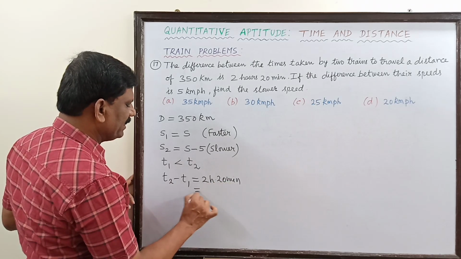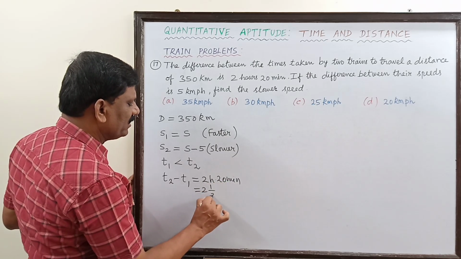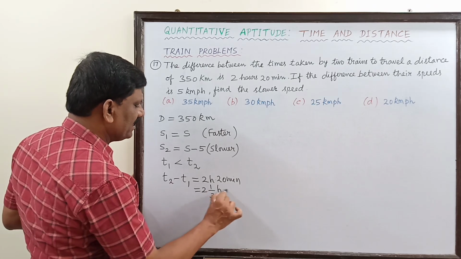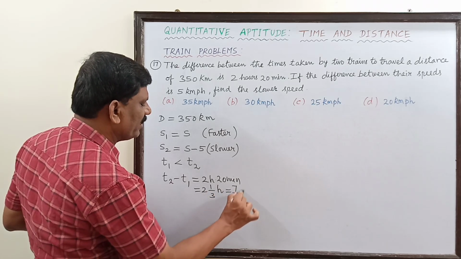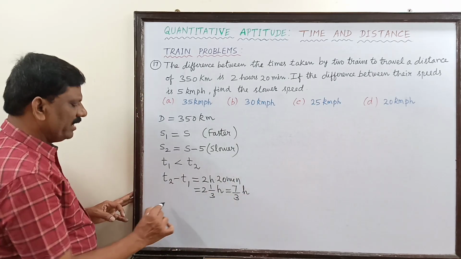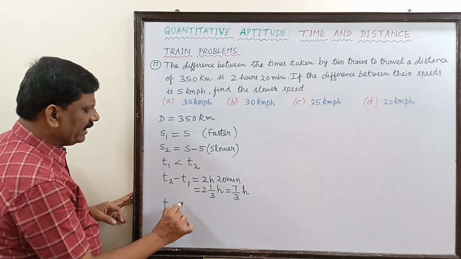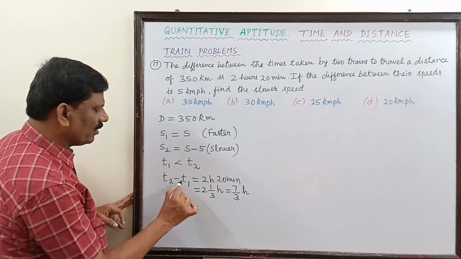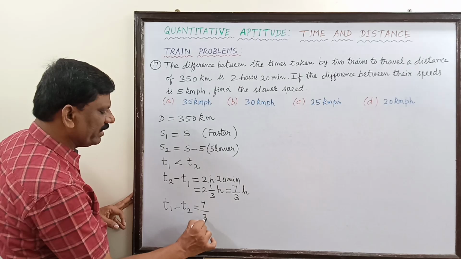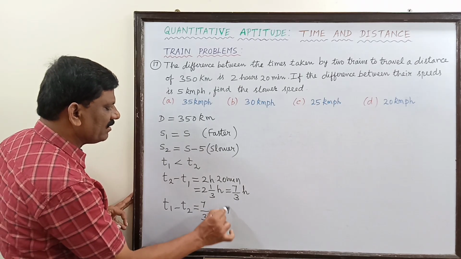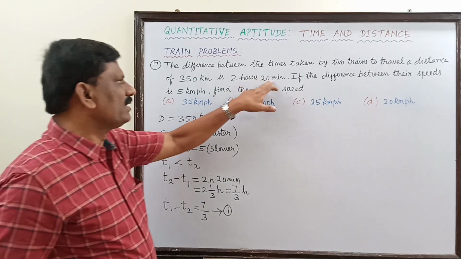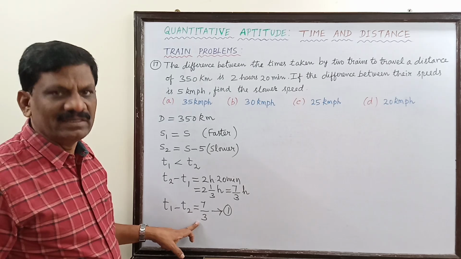This can also be written as 7 by 3 hours. So this is given as the first information: 2 hours and 20 minutes is written as 7 by 3 hours.